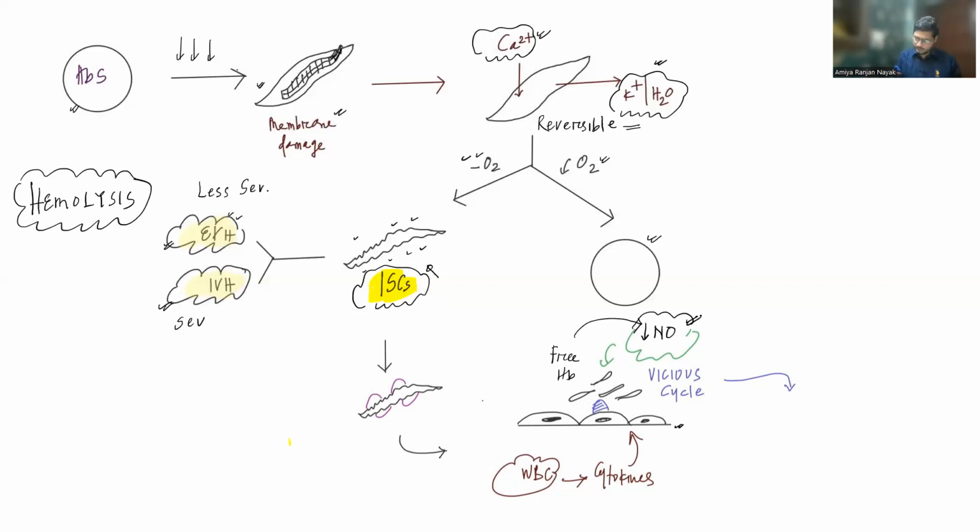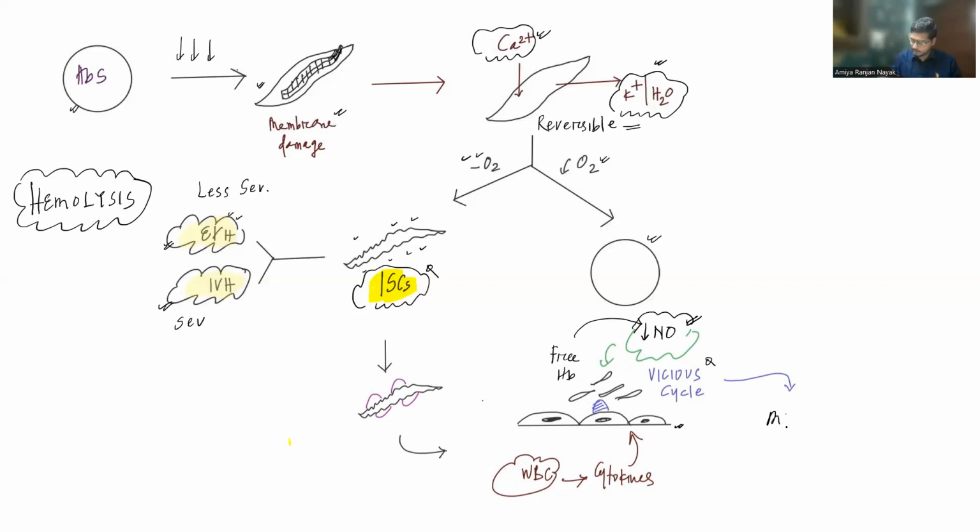As I told, it is a vicious cycle: more sickle cells come, they bind, they get stuck, more hemolysis, reduced NO, more vasoconstriction, more sickling. Ultimately this ends up in complete microvascular occlusion.